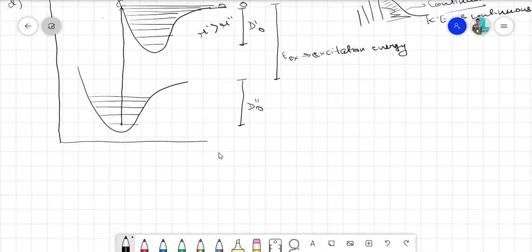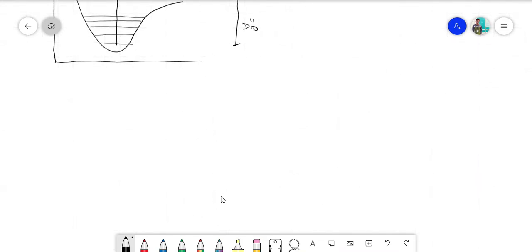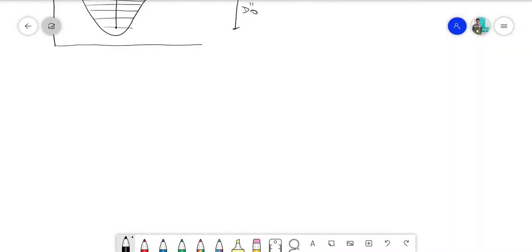Okay. So now we are coming to where we need to see the dissociation of molecules. So let's take this. We are interested in looking at the dissociation energy and dissociation products.